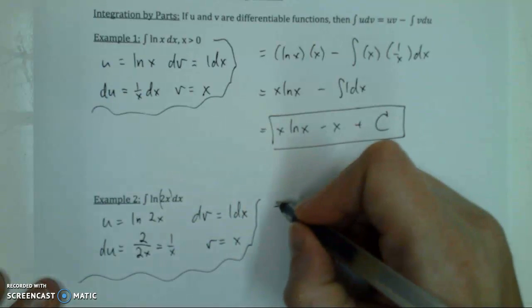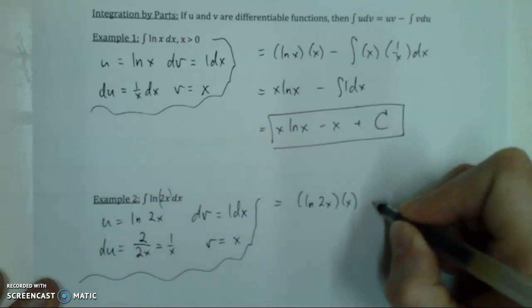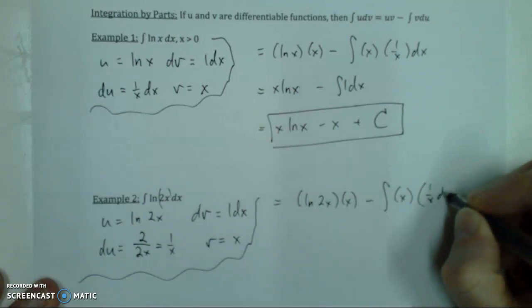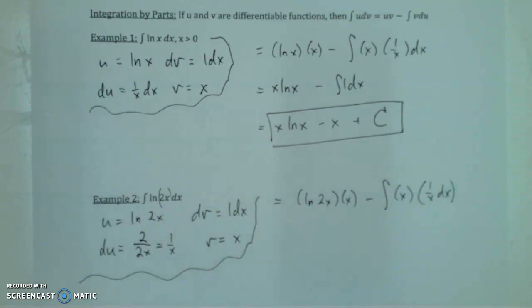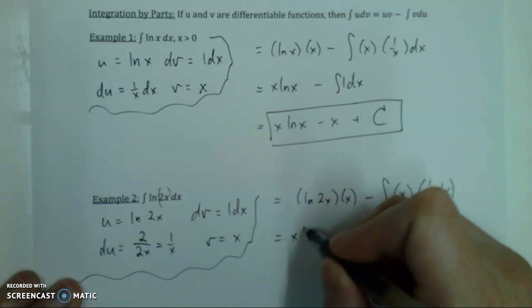So let's see what I get. So I get u times v minus the integral of v du. Well, other than that 2 in there, this looks pretty much identical to my previous problem. So again, I do need to multiply in here first.